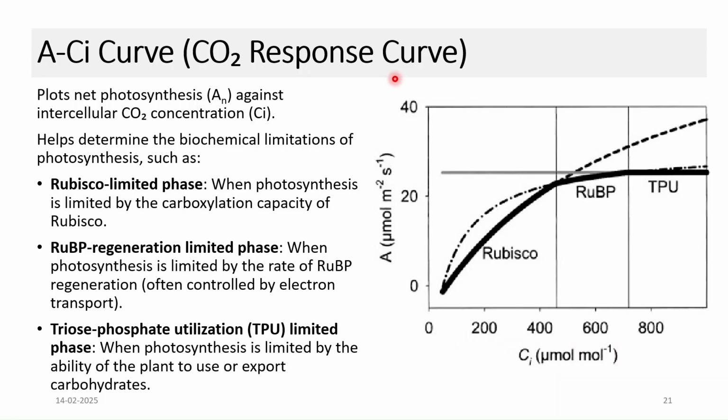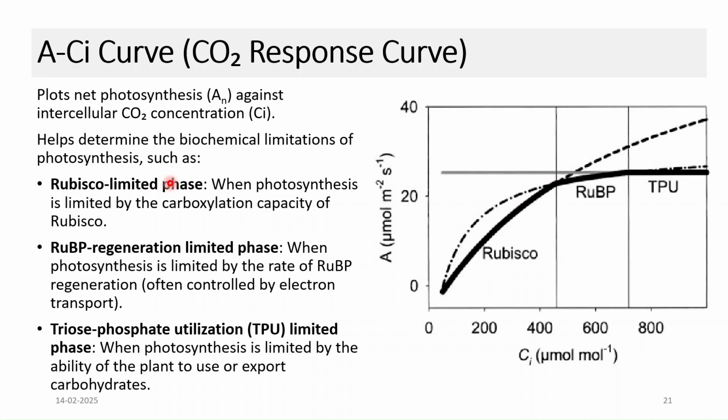Now, if you go more into the details of this ACI curve, we see that the curve is not partitioned, but there are certain phases for the curve. For very low values, or up to a value of around 500 or 600, this curve is dominated by the Rubisco limited photosynthetic phase.